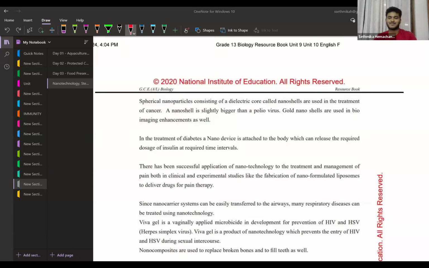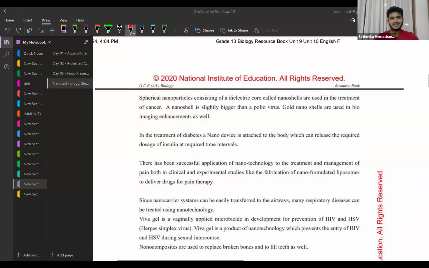It's a bit of physics. Dielectric basically means insulator. So a dielectric core means an insulating core, right?